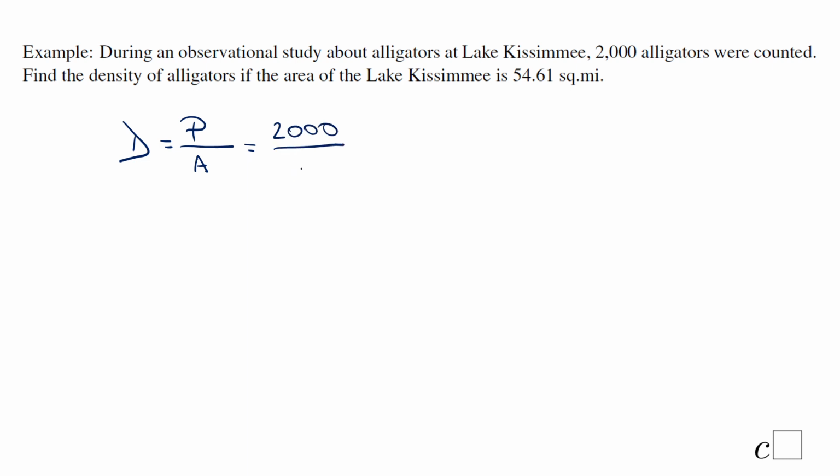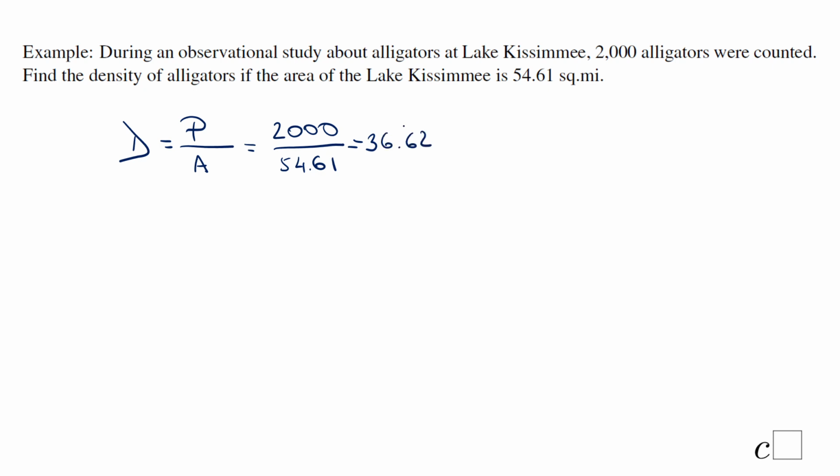So let's do this division first. 2,000 divided by 54.61, and that will be 36.62. I'll round it to the nearest hundredth. 36.62.